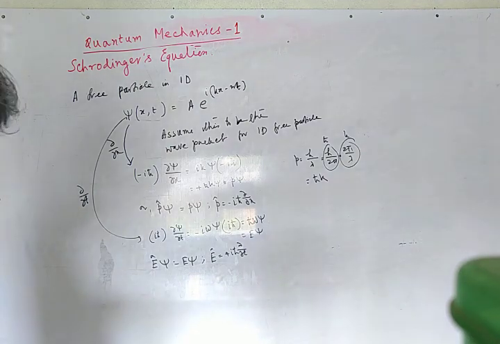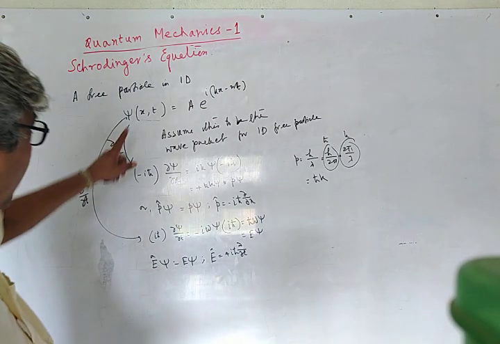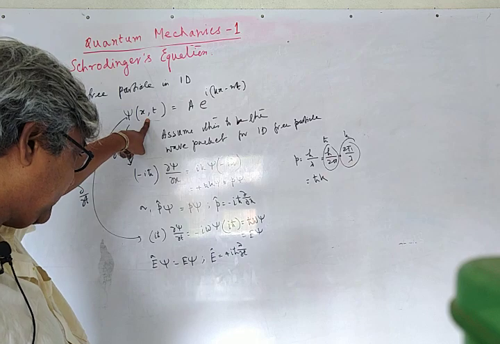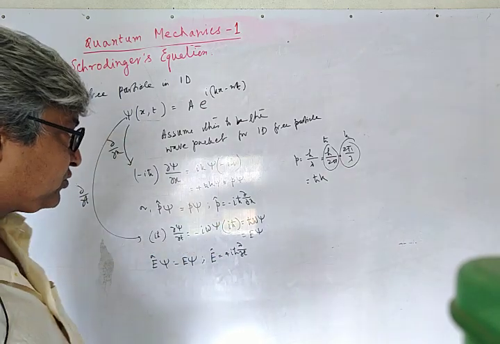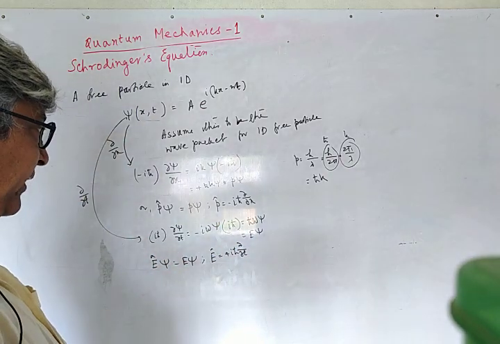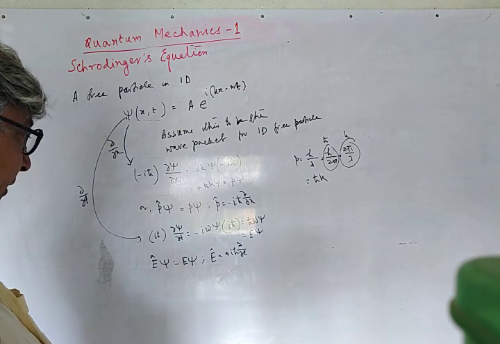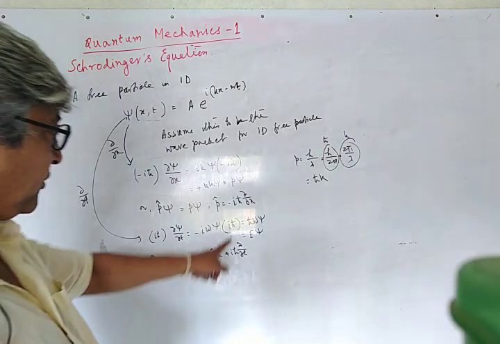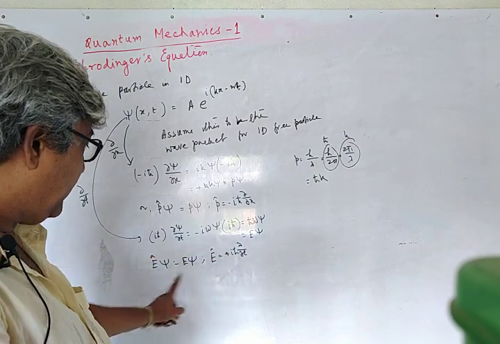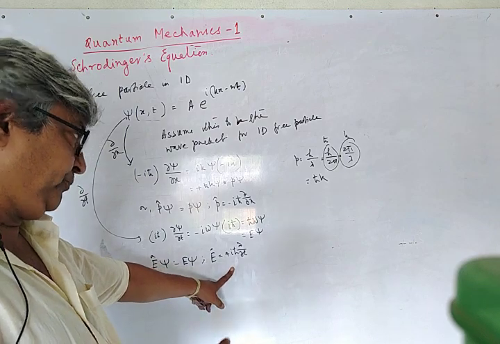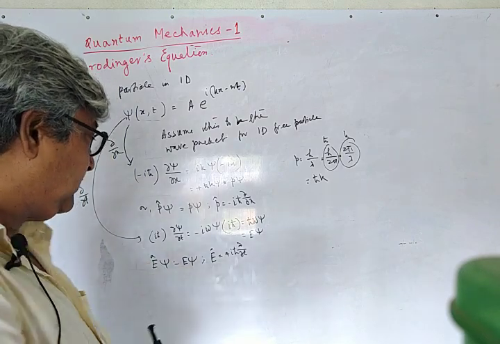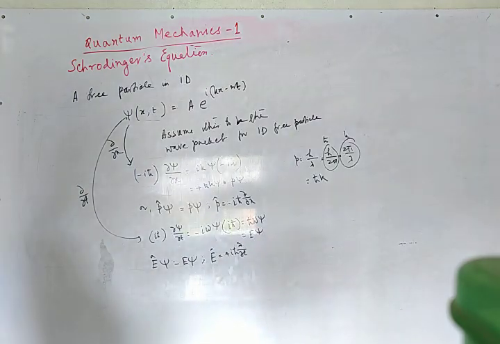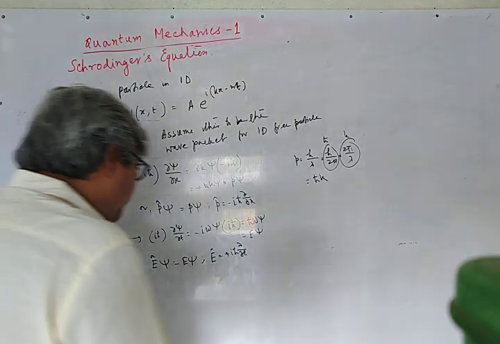Now we seem to have seen some light amidst the dark. That is, we can consider that the dynamical variables, energy, momentum, position, can now be looked upon as operators, where the operators corresponding to momentum and energy have already been obtained, and the only thing left is to obtain the operator corresponding to position, which is very trivial.